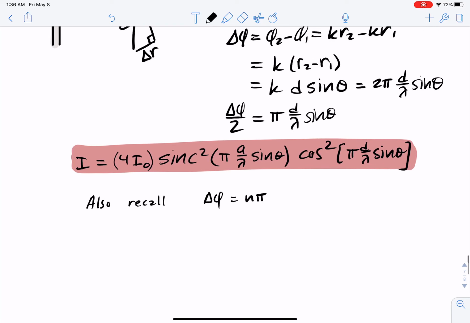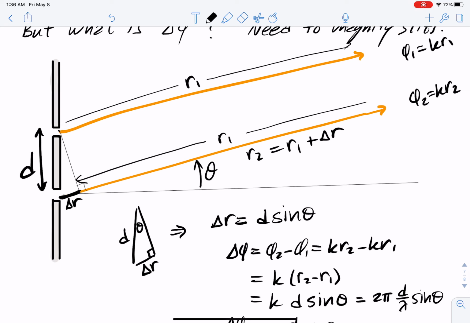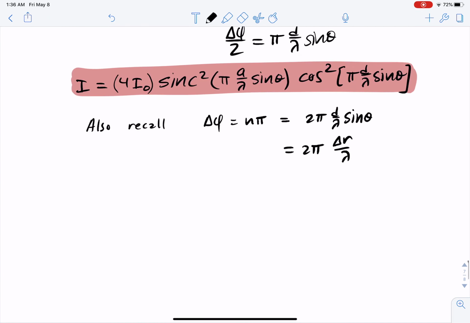Now we have an expression for this phase difference in terms of the path difference. Delta r being the path difference, the difference in the two paths. There were 2 paths to get from the source to the observation point. Delta r is the path difference, the difference in those 2 lengths.